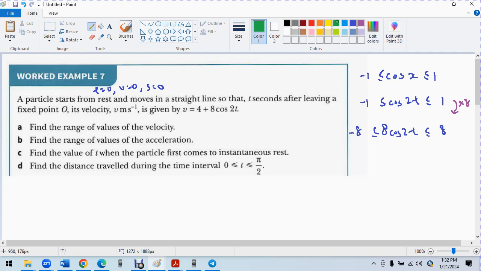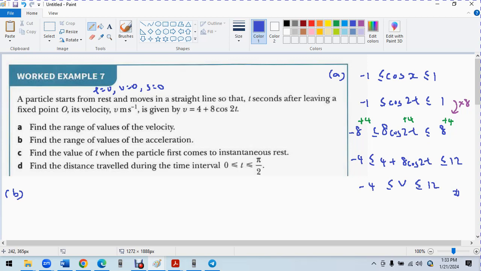After that we plus 4, then we have -4 to 12. So v is between -4 and 12. Okay, so this is part A.